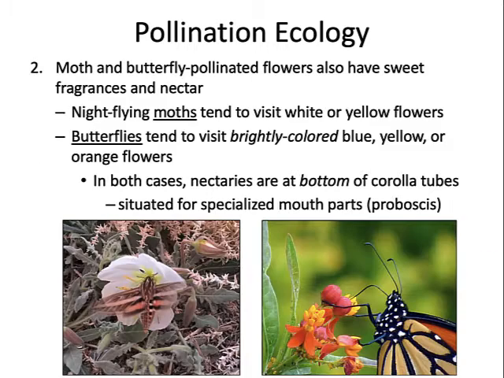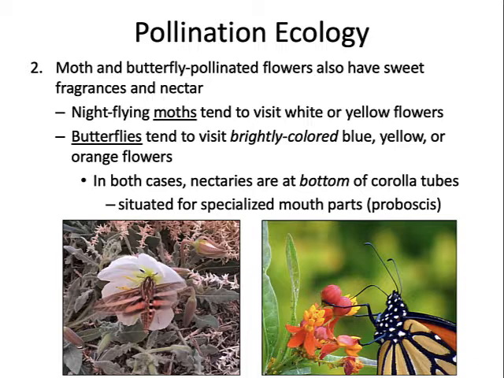Number 2 is moth and butterfly pollinated flowers. These flowers also have sweet fragrances and nectar. They have a shape that is conducive to the long tongue of these flying insects. Now, moths tend to come out at sundown and pollinate flowers right at dusk or throughout the night.